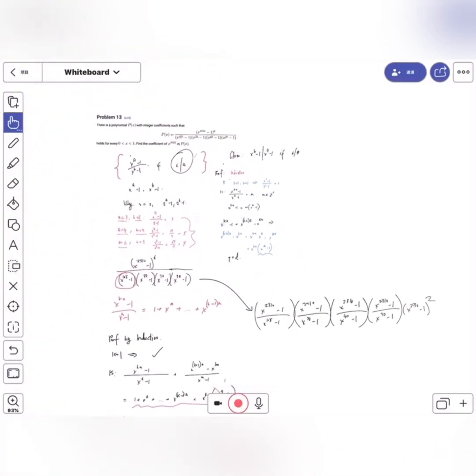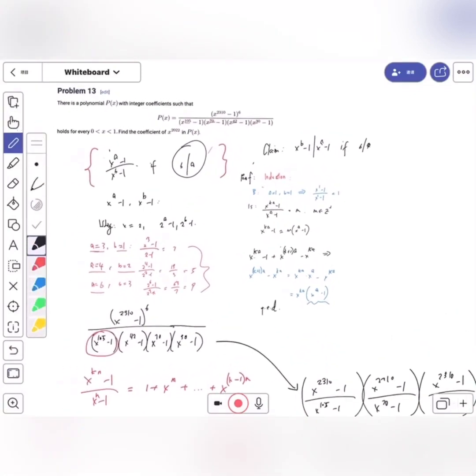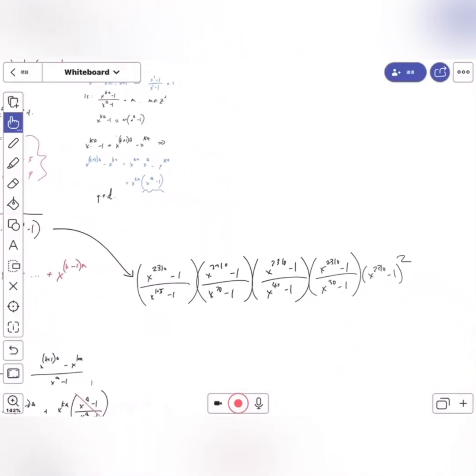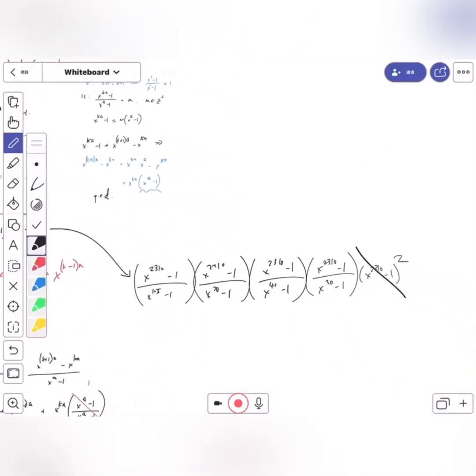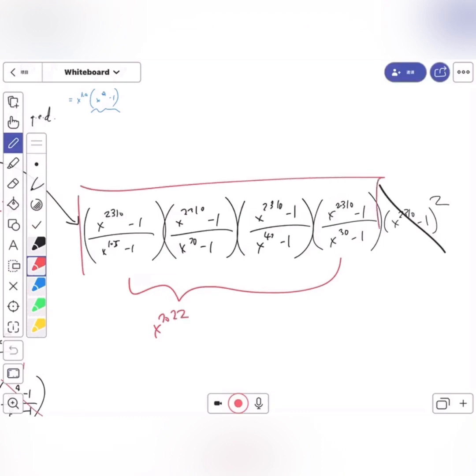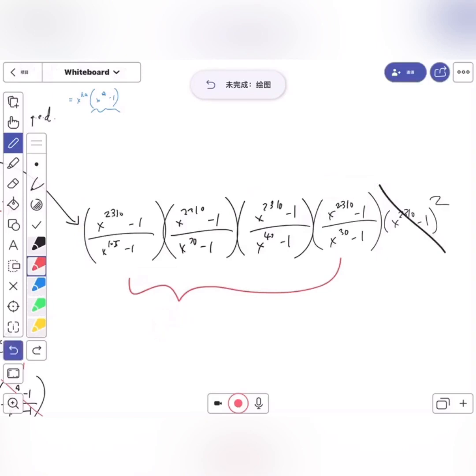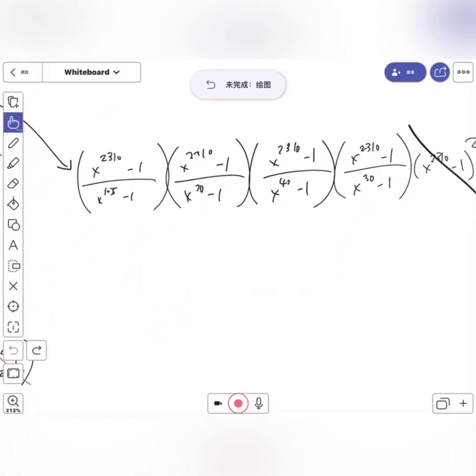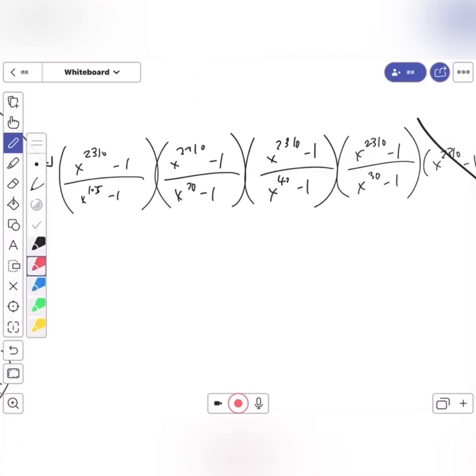Now we want to look back to our problem statement again. This number is less than 2310. So therefore, we just don't even care about these two terms. We just want to find the coefficient of x to the 2022 among this entire product. So from now, we just simplify these expressions from what we just proved.